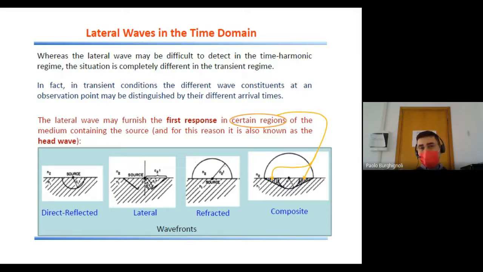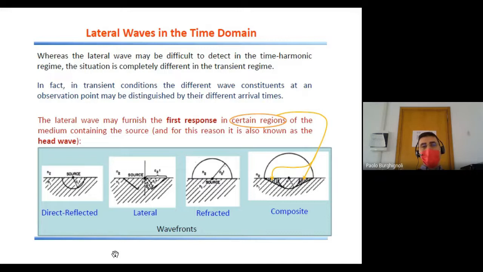The basic reason for that is generally, when you consider transient conditions, you can distinguish the different wave constituents because at the observation point, they arrive at different times, since each wave has a different velocity. Okay, so you can record the transient waveform, and then from the study of the waveform, you can recognize the arrival of different wave species.